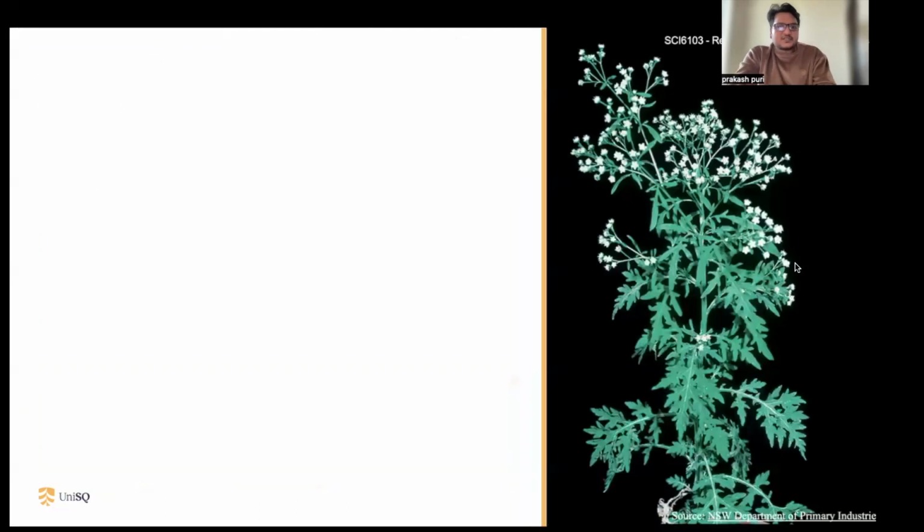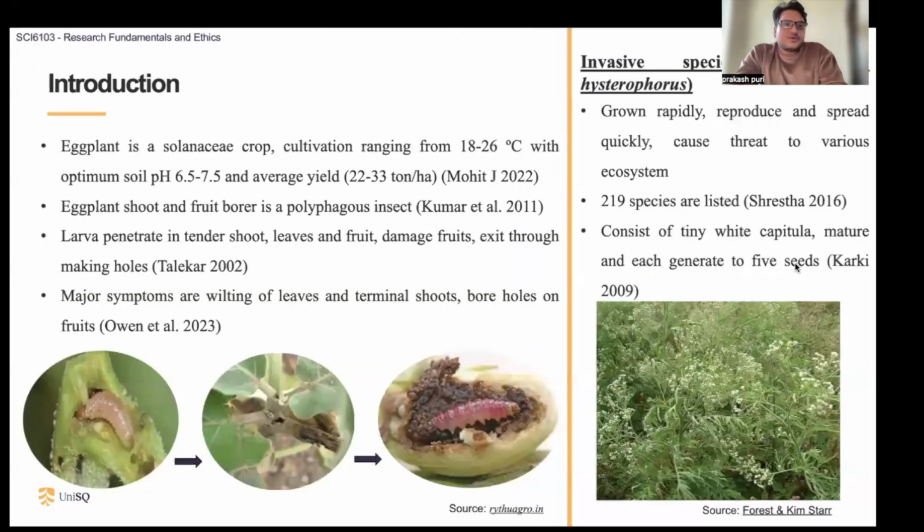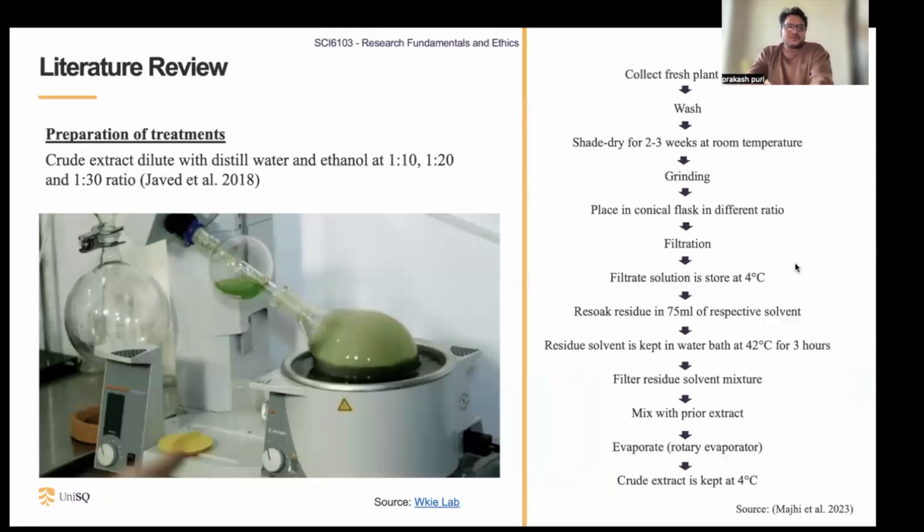Next, the literature review. The preparation of the plant extract and the treatment. First we collect fresh plant leaves, wash them with clean water, and set them to dry for 2 to 3 weeks at room temperature.